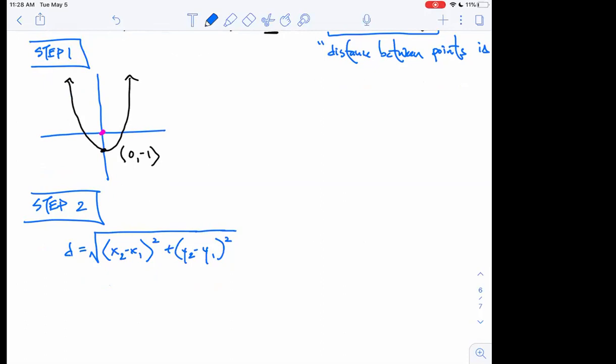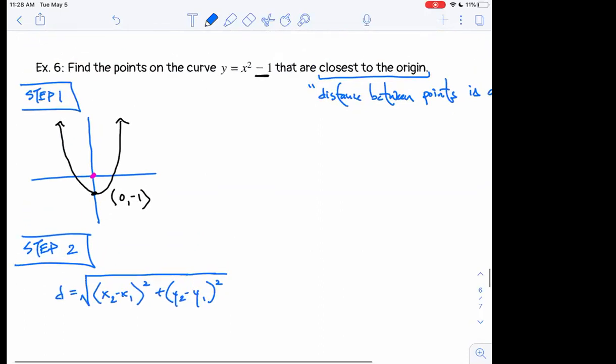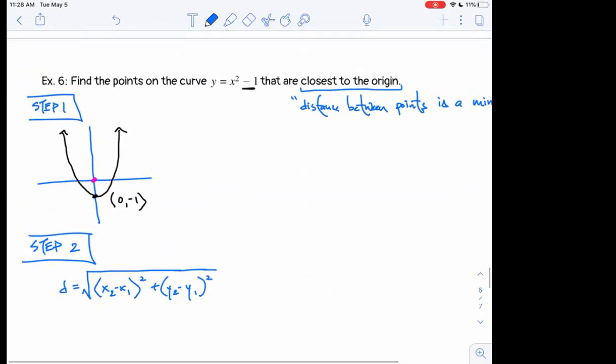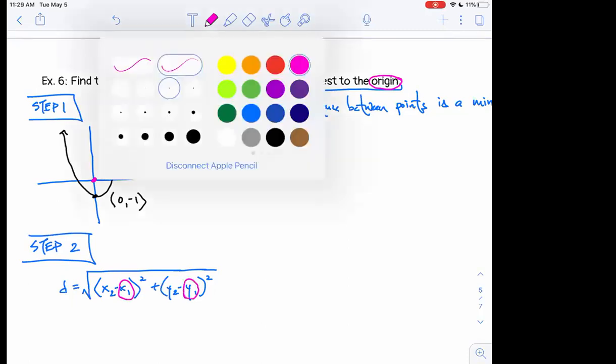So now let's fill in some points that we know. We want to find the points that are not just closest to any random point, but specifically closest to the origin. And the coordinates of the origin are (0, 0). So for this x1, I can put in a 0, and for this y1, I can put in a 0.